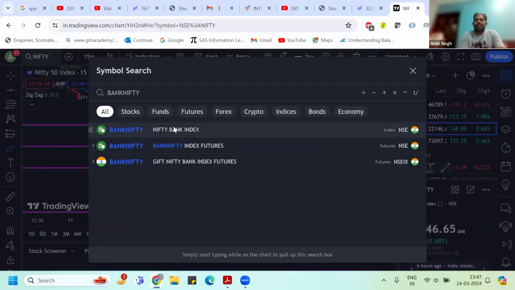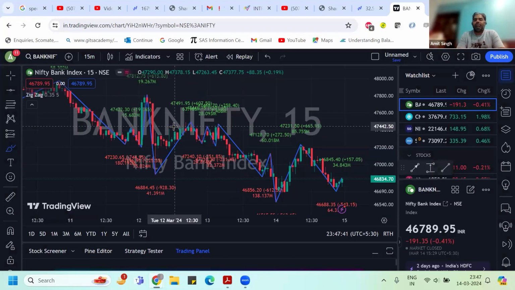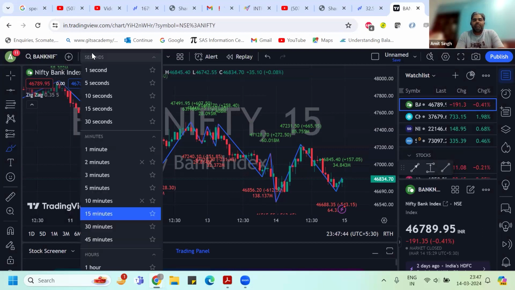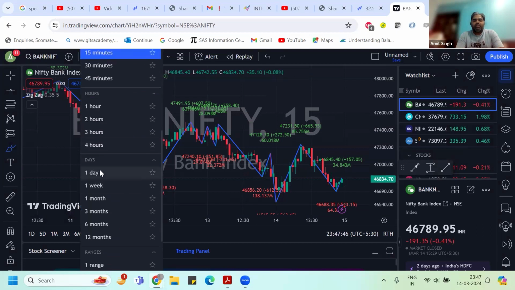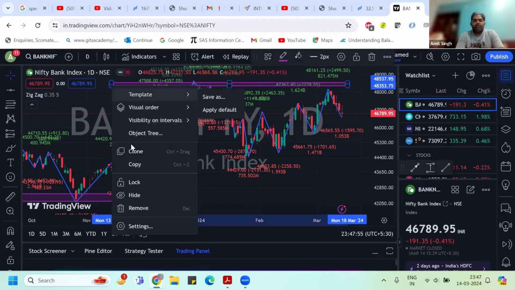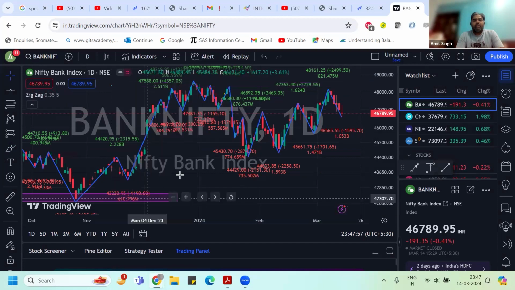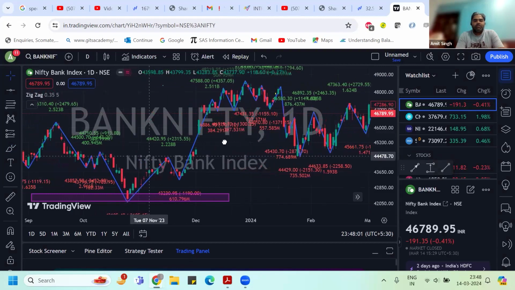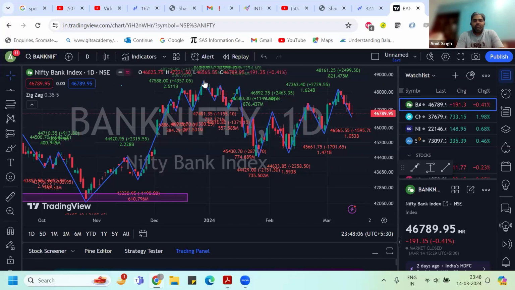Okay. So if you see Bank Nifty, again this 15-minute chart, if I convert this into a 1-day chart, okay, so if you see this, here, this would be a crucial resistance for us.